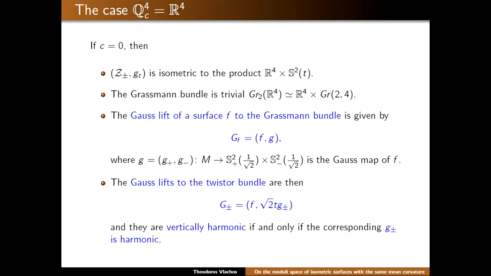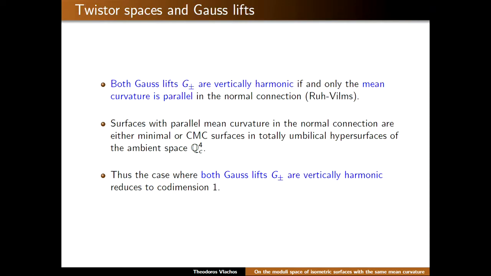It is easy to see that vertical harmonicity is equivalent to the harmonicity of G plus and G minus, I mean the components of the Gauss map of the surface in R4. So if none of the Gauss lifts is vertically harmonic, we gain information about the moduli space.